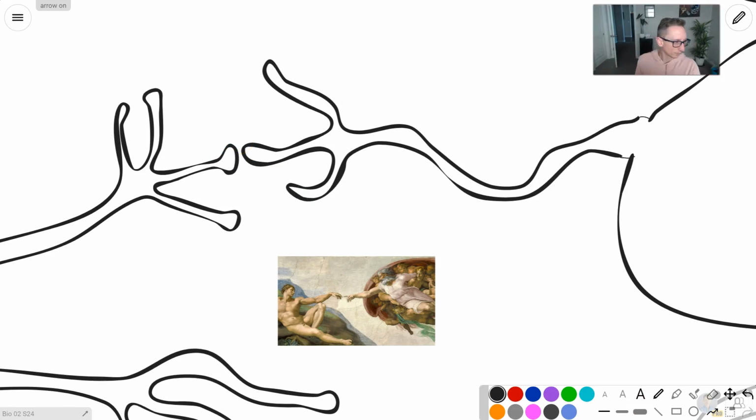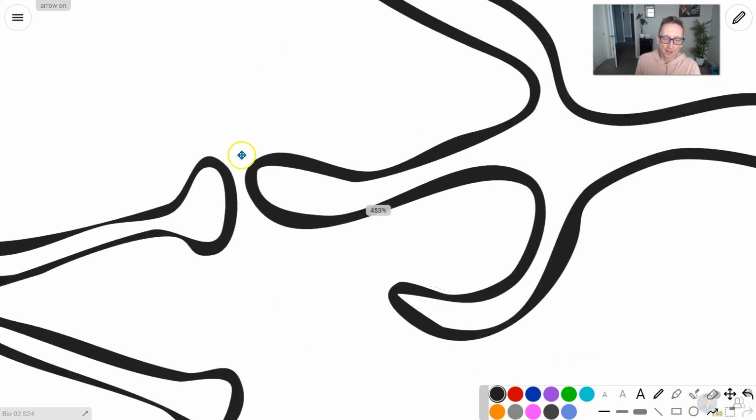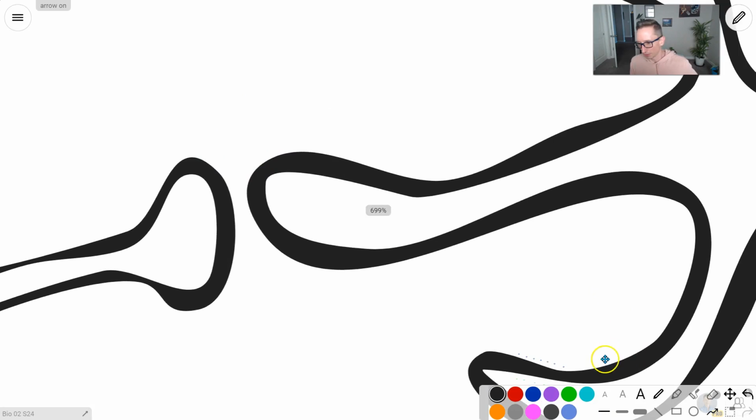Well, the signal somehow has to get between these cells. And this little part is a very special little part of our nervous system. And this is called a synapse. This is a synapse, okay?